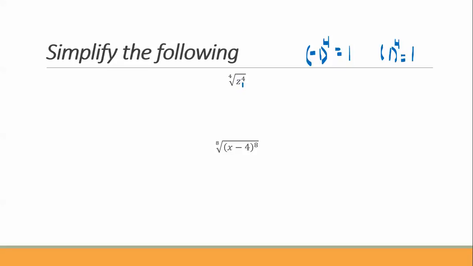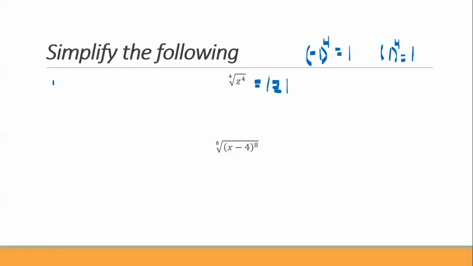Unfortunately, we can't have negative numbers under this root, even with even roots, because it doesn't make sense. We end up with complex numbers. So if we have an even root, we have to take the absolute value because we want whatever is positive out of here.